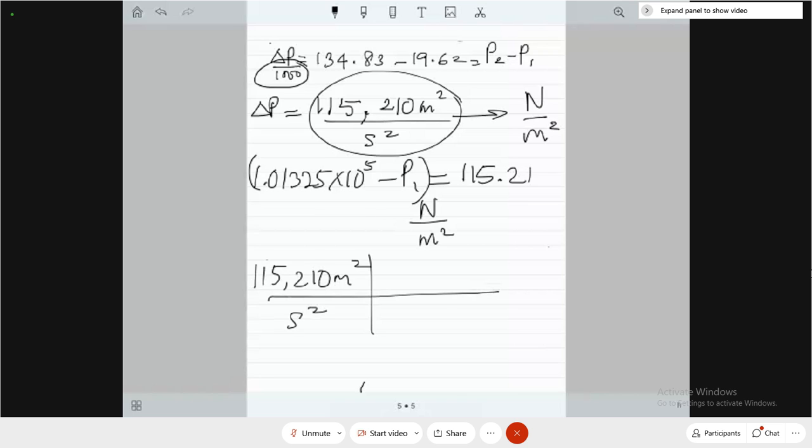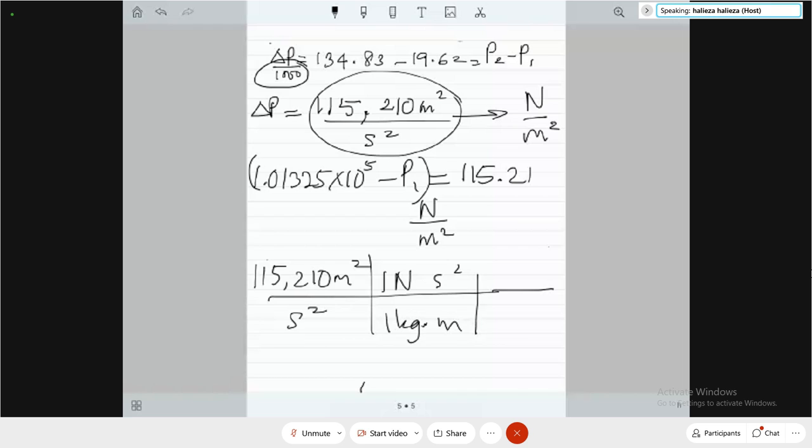Okay, 1 Newton is equal to 1 kilogram meter per second square. Why am I not getting it?